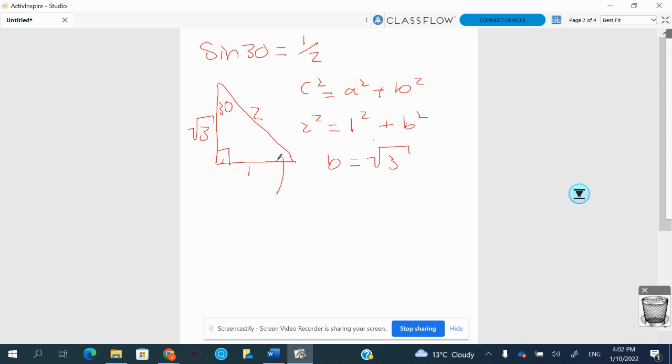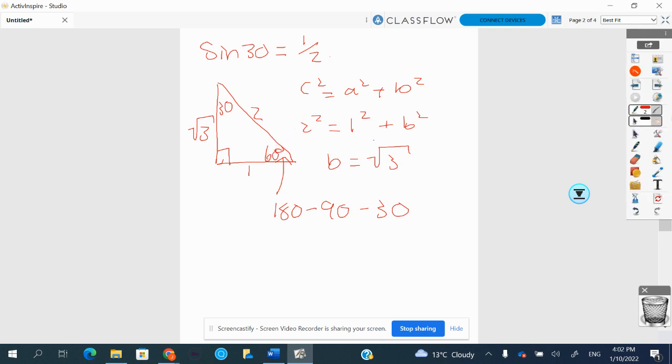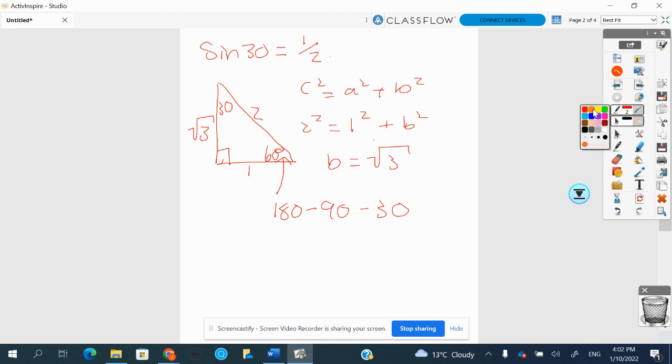We can also find out what this angle is by going 180 minus 90 minus 30, since all angles in a triangle must add up to 180. So this is going to be 60 degrees. Using all this information, we can find exact values for 30 degrees and for 60 degrees. So let's start with 30.